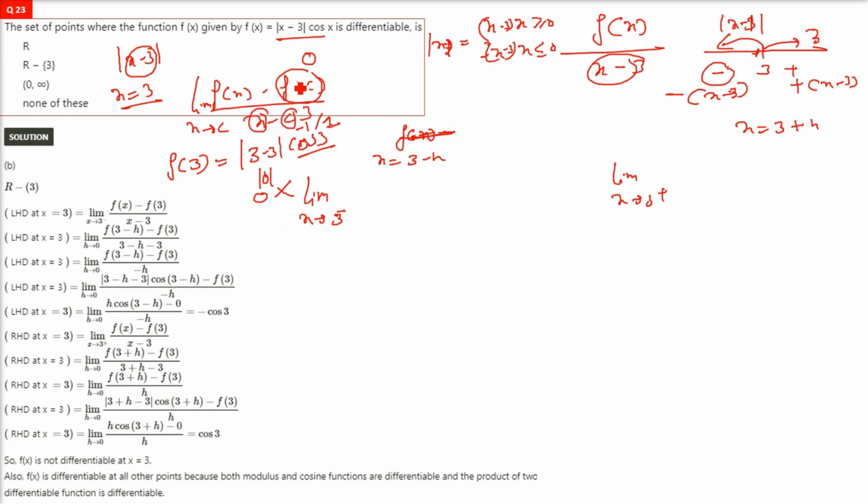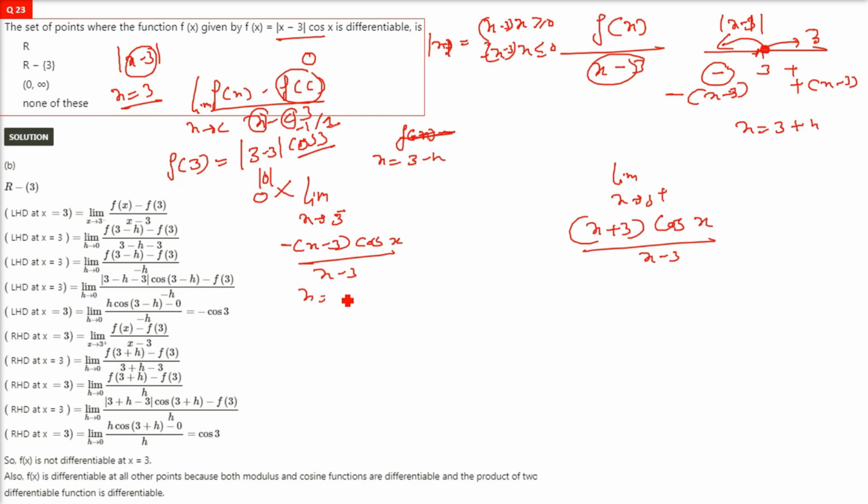So this is the left hand derivative and right hand derivative, and we'll just see whether they are equal or not. If the LHD and RHD are not equal, we'll say it is not differentiable. So I'm replacing with negative x minus 3, cos x remains like that, and we'll replace x by 3 minus h in a short while. On the right, it is going to be positive x plus 3 because we have opened the modulus, and in the cos we'll put x only, and the denominator you have x minus 3.